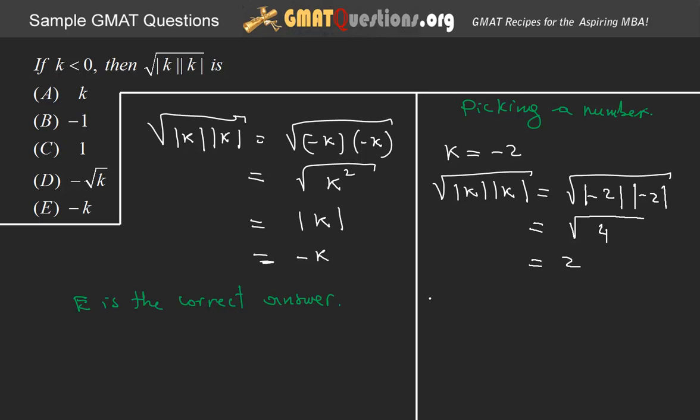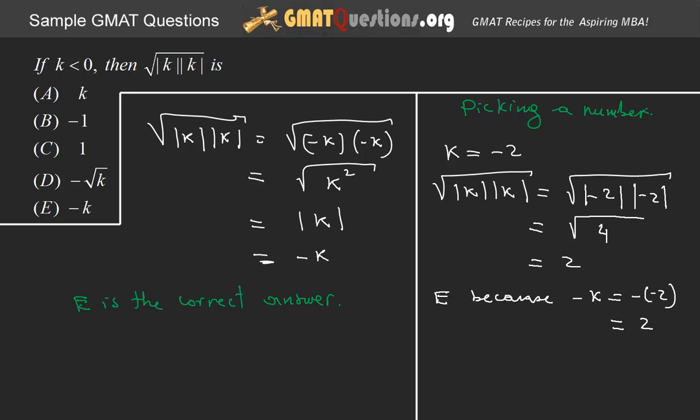So hence E is the answer again, because negative k is equal to, what? Negative of -2, because k is equal to -2. Negative k is going to be equal to minus -2, and this is 2.